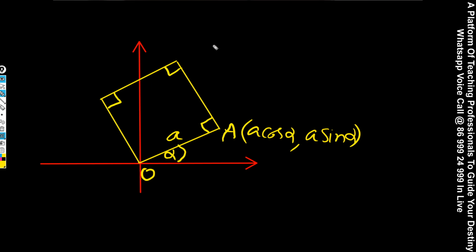Okay, now just observe. What is this angle here? It is also 90. Then what will be this angle? This angle is alpha, so it is 90 plus alpha, and totally 180 minus 90 plus alpha. This angle becomes 90 minus alpha. Just check it out.